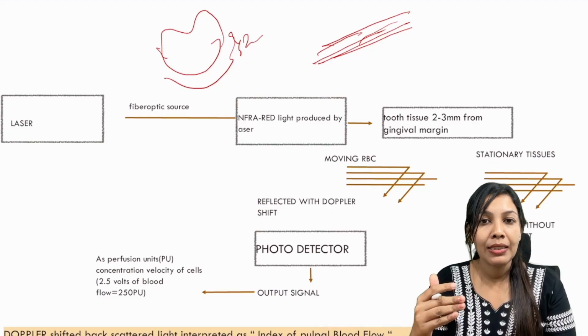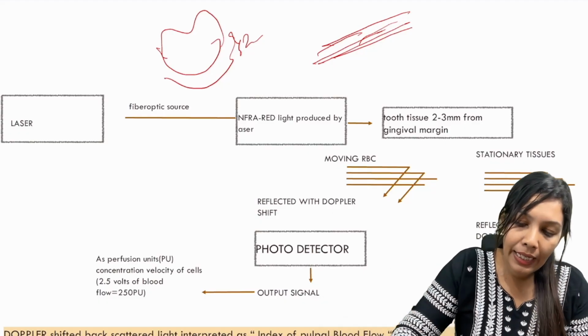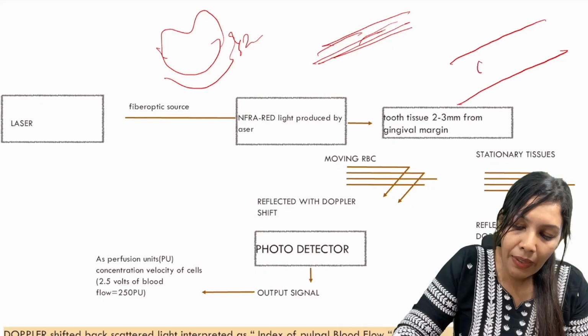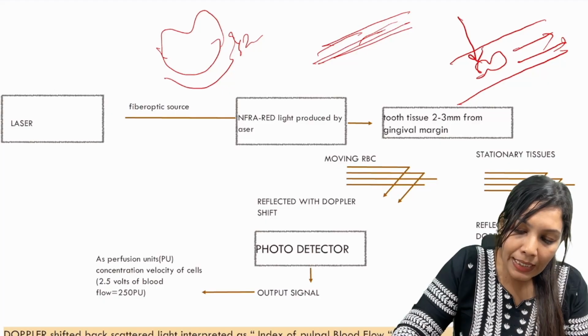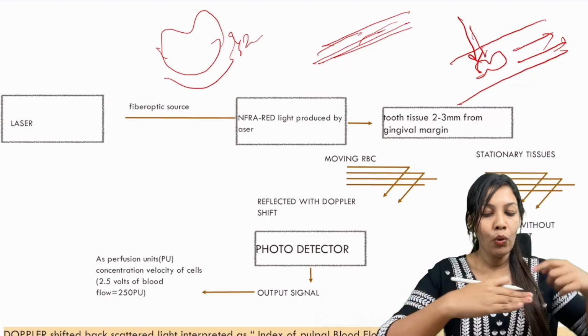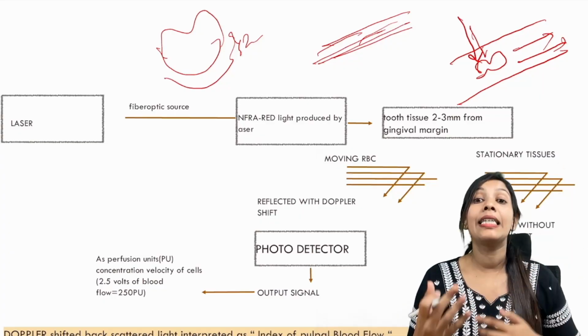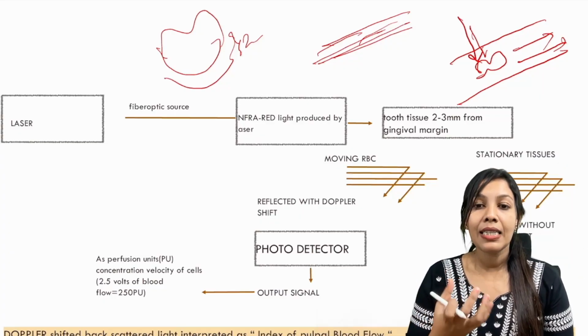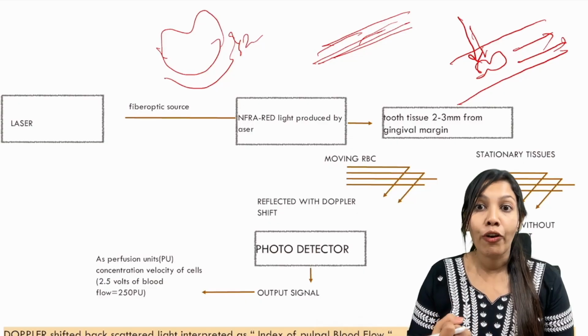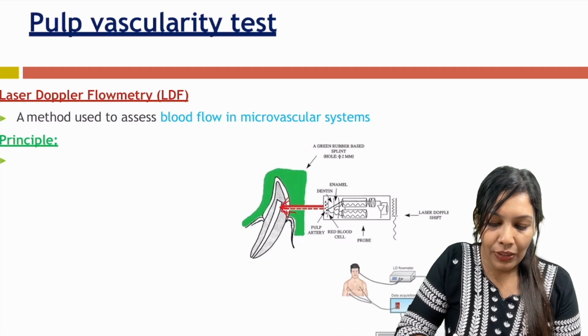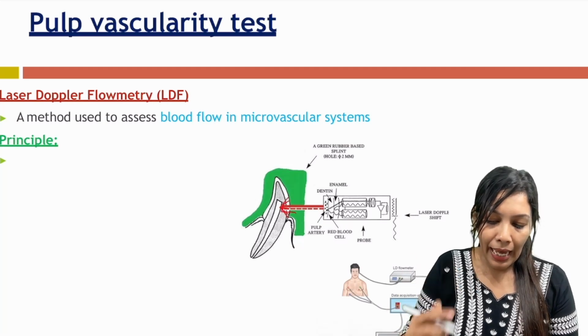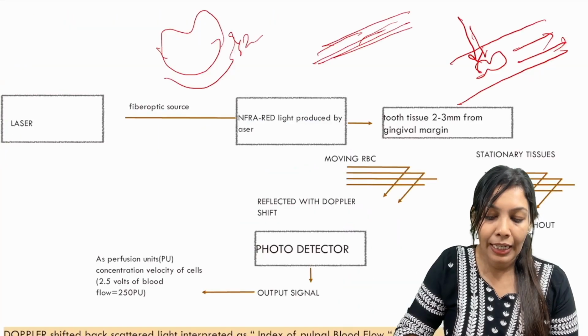What happens is, inside the tooth there will be RBCs moving like this. So when we apply the laser, as the cells move, they will scatter the laser light. And this is taken by a photo detector. As you can see in this image, we apply the laser light, and the photo detector takes the information.